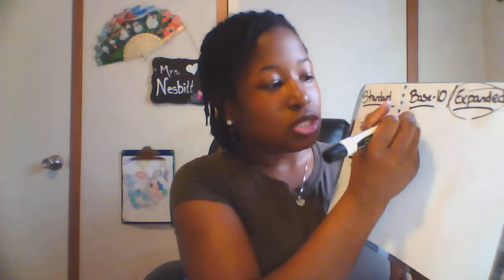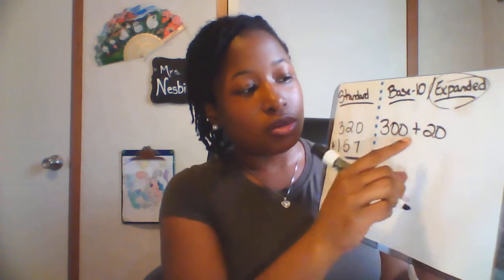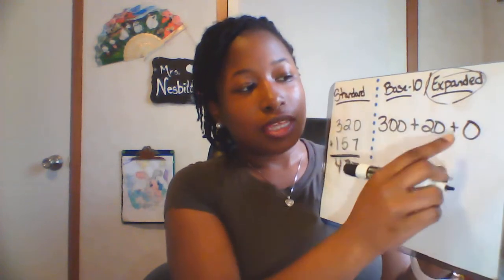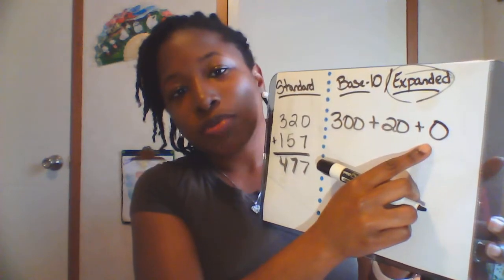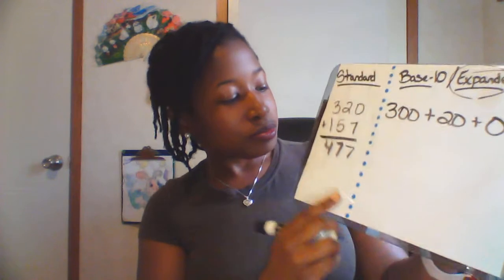So 320 is made up of 300 plus 20, or 2 tens, and 0 ones. You don't have to put the 0 there. I'm only putting it there so that you see it as a placeholder.